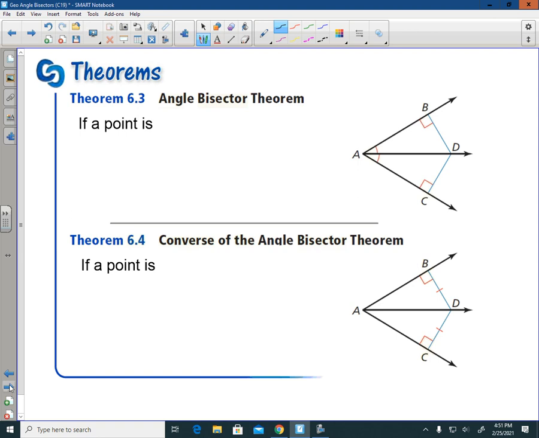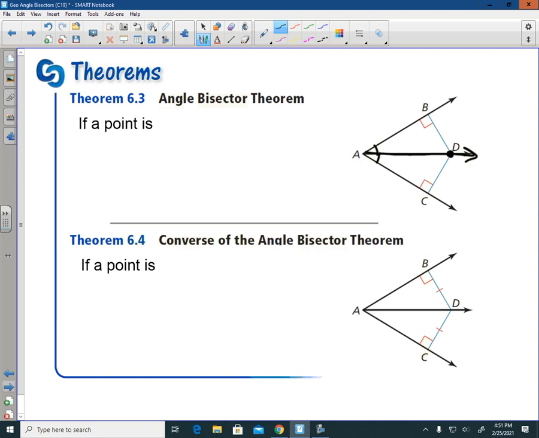You see this ray, AD, and it has created congruent angles. That's what those markings mean. Those angles have exactly the same measure, and since that ray has created those congruencies, then that ray is an angle bisector.